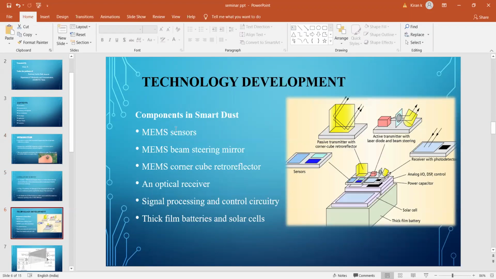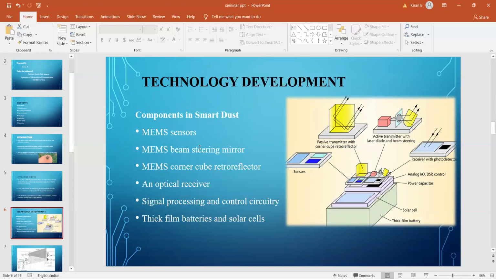Technology development. These are the components of Smart Dust: sensors, beam steering mirrors, corner cube retroreflector, an optical receiver, signal processing and control circuit, thick film batteries and solar cells. Sensors, we all know, are devices that convert a physical quantity into an electrical quantity.